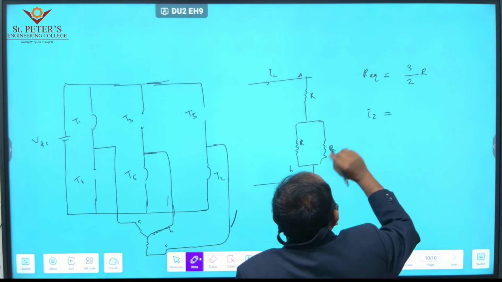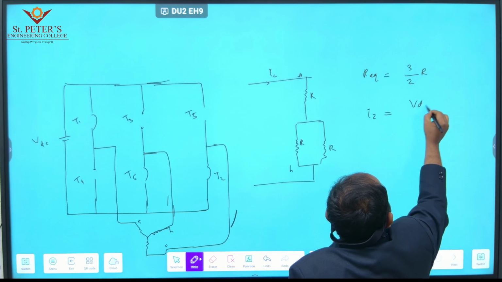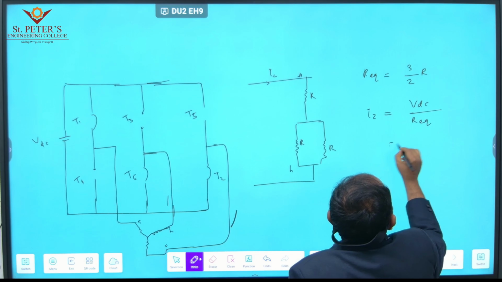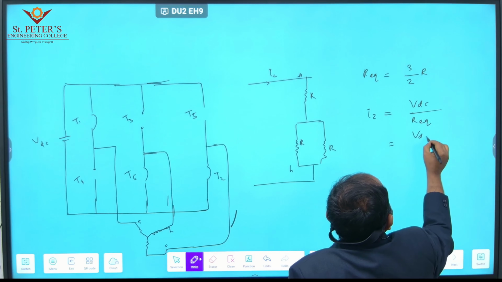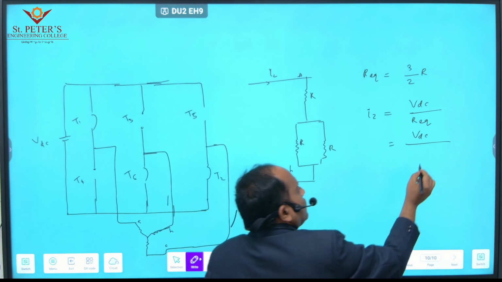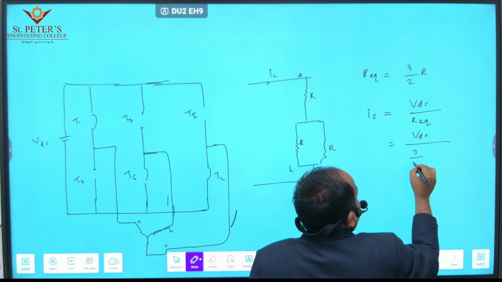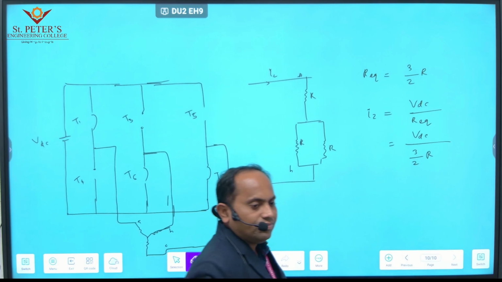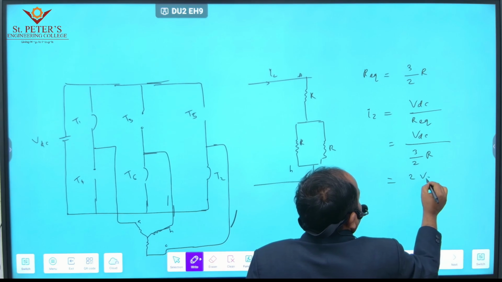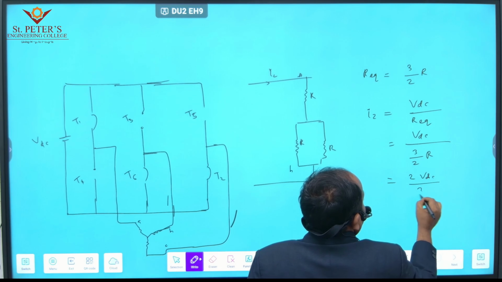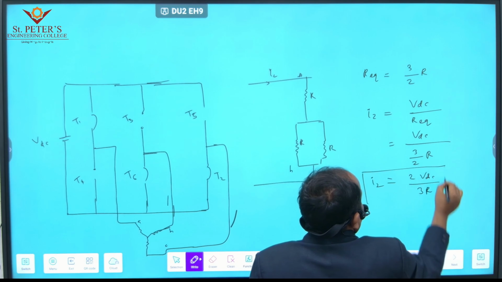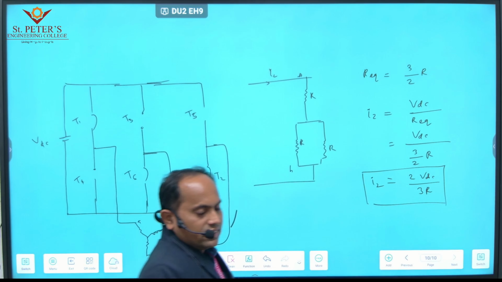I2 is also VDC divided by R equivalent, that is VDC divided by 3 by 2 R. So from this we can get 2 VDC by 3R. This is the total current I2 for the instant of 60 to 120 degrees.